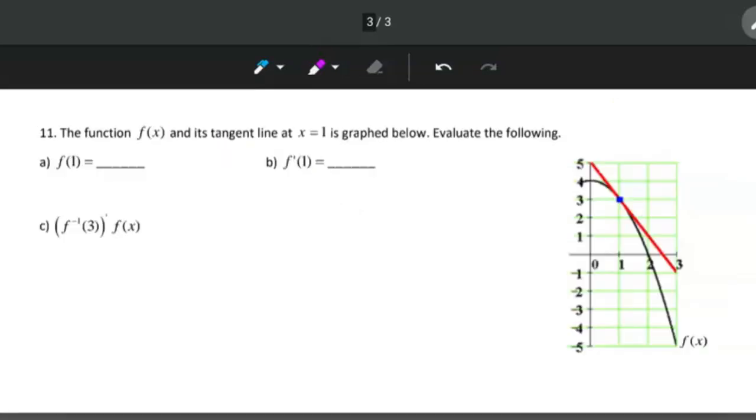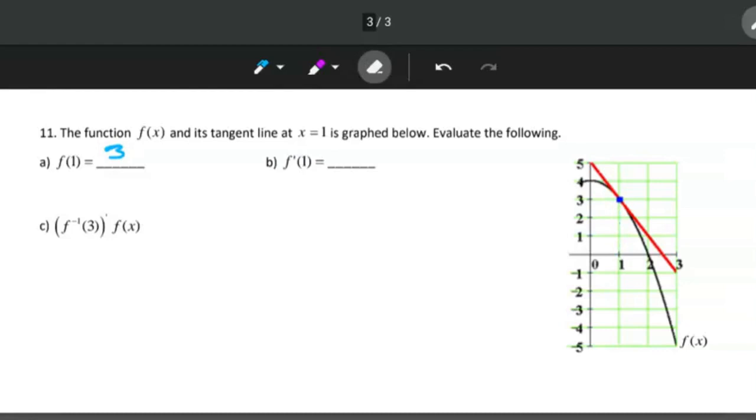F of x, that's the black function in the picture, and its tangent line at 1, the tangent line is red, is graphed below. Evaluate the following. So f of 1, just the point on the graph, this is f of 1, it's 3. F of 1 is 3. Next is f prime of 1.